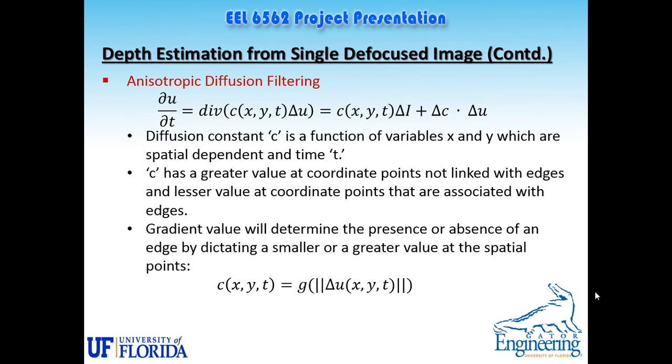So according to that equation, we can state that the gradient value will determine the presence or absence of an edge by identifying a small or great value at the spatial points. The diffusion constant C is defined as a function of the gradient of u, which is also a function of spatial coordinates x, y, and time t.